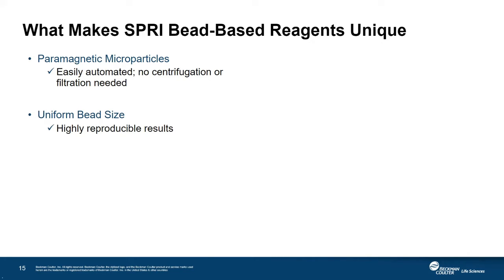Again, that uniform bead size is really important. Highly reproducible results is key. You don't want to one day go in with a sample, think you have everything worked out, go in the next day and get half the amount of nucleic acid out of it. It's going to slow your work down. It's going to really prevent you from moving forward and using it in downstream applications.